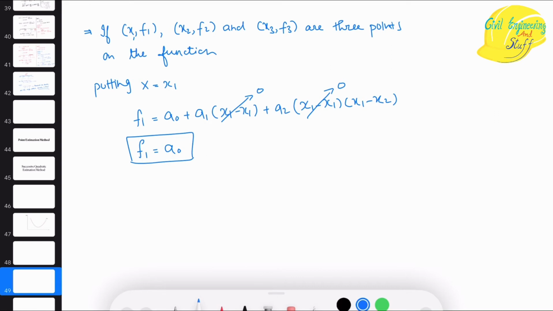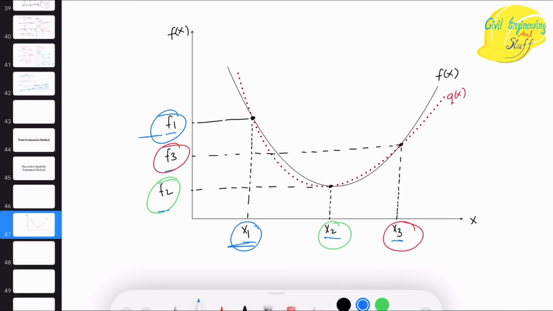Okay, now let us put x equal to x2. So our function will become, if we put x2, function will become f2, right?